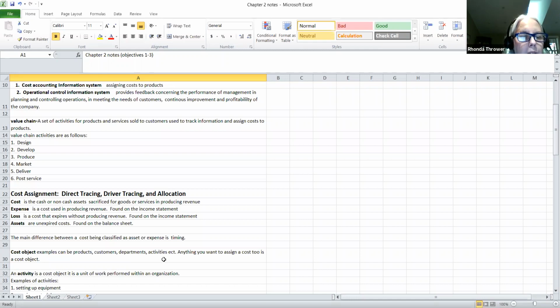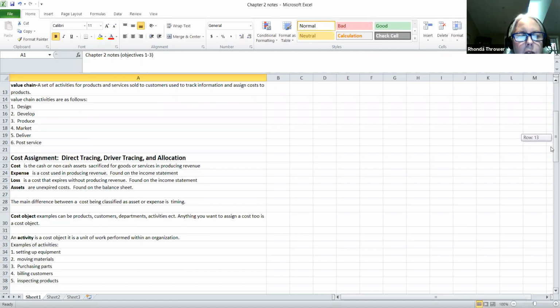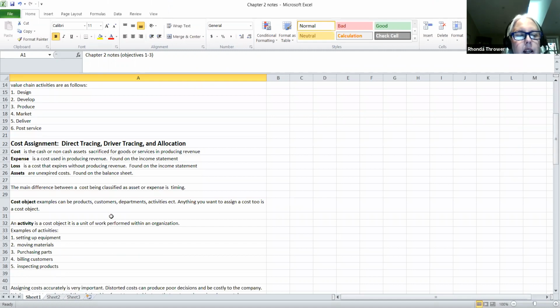We're also going to be talking about activities as a cost object. But basically, cost objects are anything that you want to assign a cost to. And so we're going to be talking about assigning cost to products. We're going to be assigning cost to activities as we go throughout this particular course.